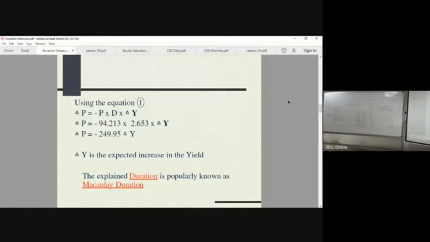Yeah, 249.95 is the coefficient there, but delta y is what? You have to multiply with the interest rate change. In place of delta y, you have to put 0.01, no? So then you get the answer minus 259.95 into 0.01. So that comes to minus 2.4995.